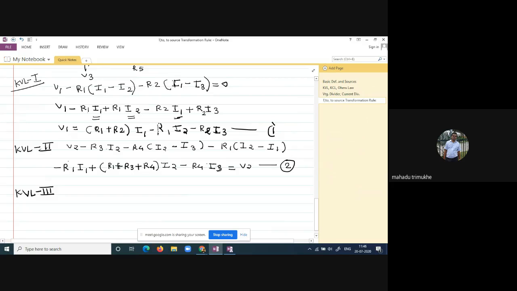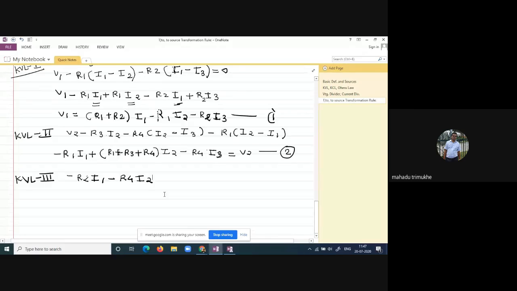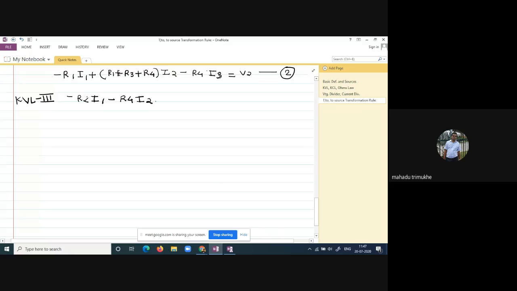So the third equation, Rohan, we will get minus R2 I1 minus R4 I2 plus R2 plus R4 plus R5 I3 is equal to. Okay, this equation you will get. Yes, sir.